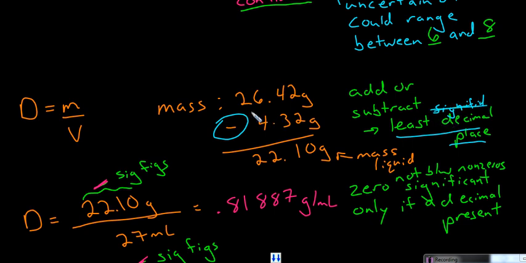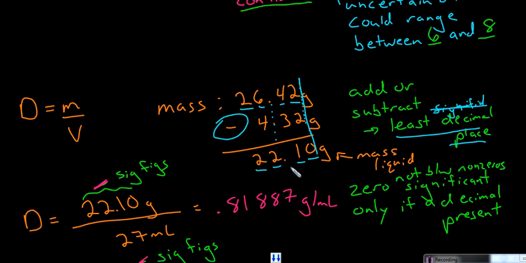And so what I do when I do an addition or subtraction is I say, okay, I've lined all of these numbers up so that the decimals are all in the same place, and then I consider where do the significant figures end. And you'll see that the significant figures in both of these numbers end after having 2 places to the right of the decimal. And so we're going to be considering that any numbers beyond that we will not consider in our results of our calculation. And so we're only going to be writing that we have 22.10 grams.